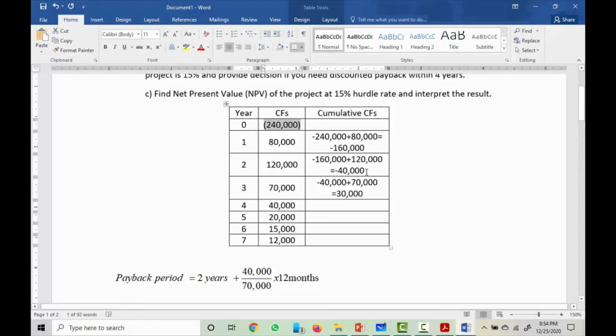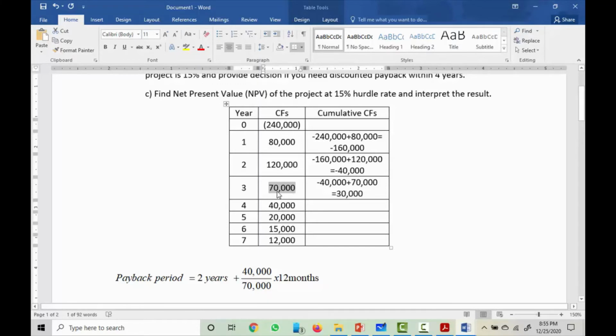As you can see, after year 2, we still need 40,000 taka. But in the third year, we are getting 70,000 taka cash flow, but we don't need 70,000 taka. We only need 40,000 taka.